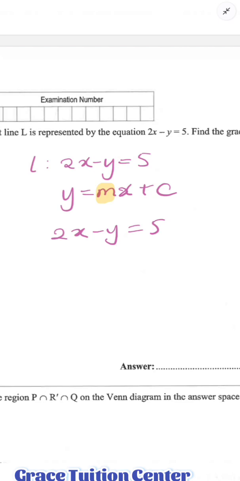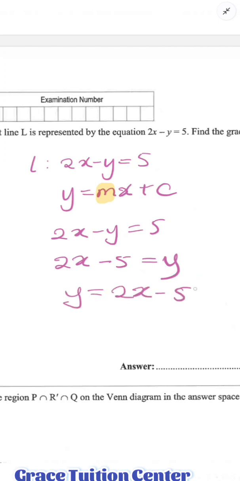The 5 coming this side becomes negative, and the y going this side becomes positive. So now you have 2x minus 5 equals y, which is just the same as saying y equals 2x minus 5.